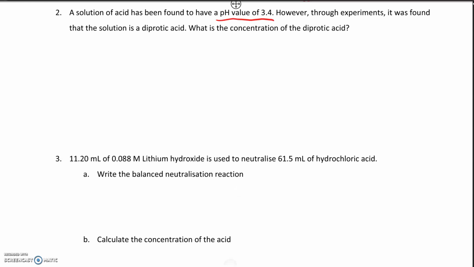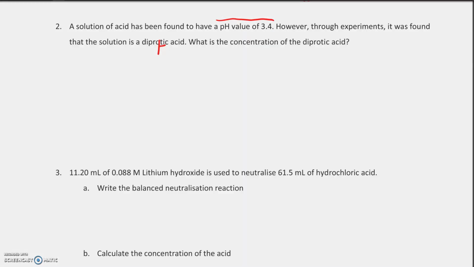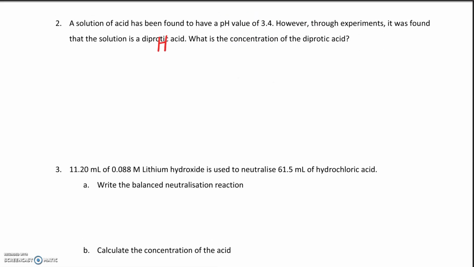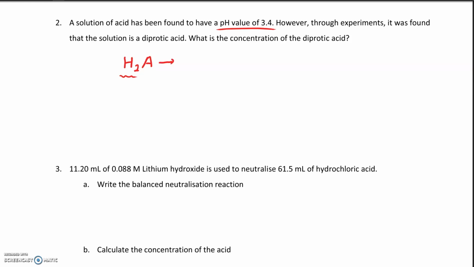So we are looking at a template formula of H2A, because A can be anything, but the fact that we have 2 H's tells us that it's a diprotic acid because when you write a dissociation reaction, we are going to release 2 protons with 1 anion.